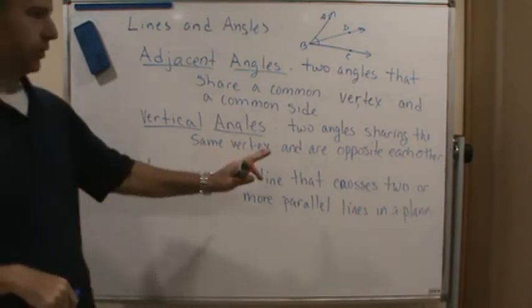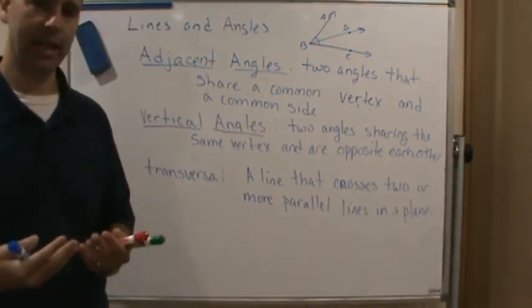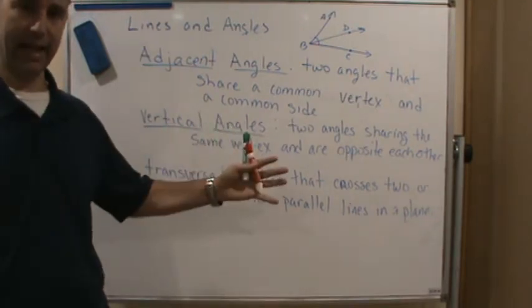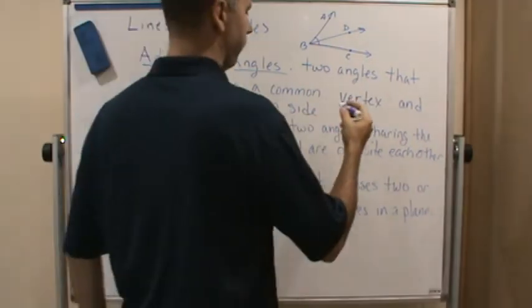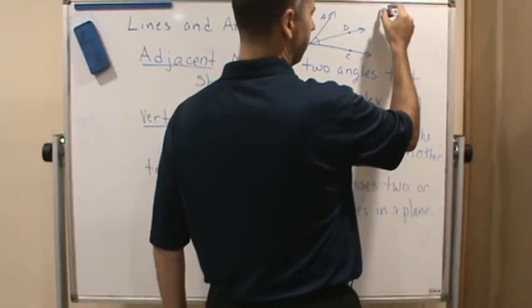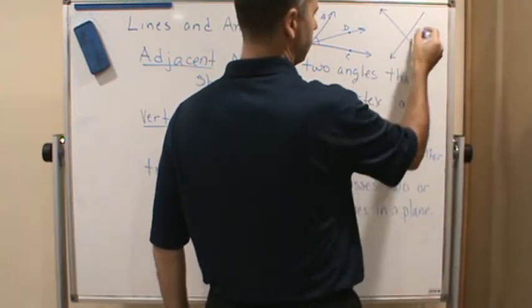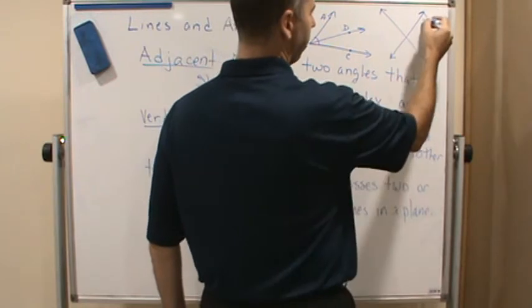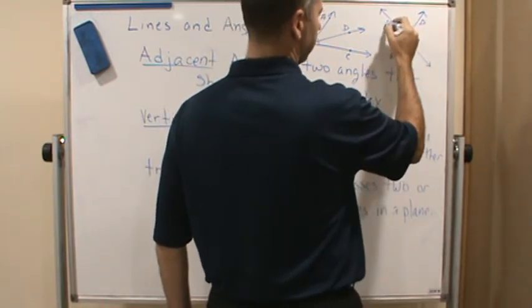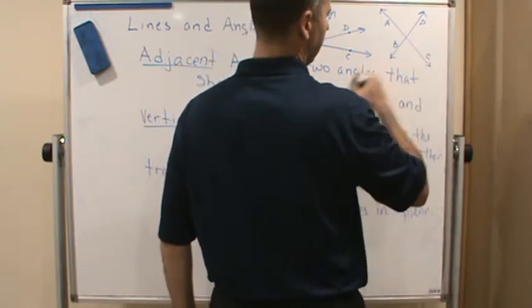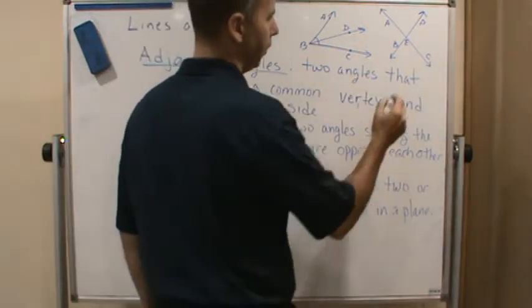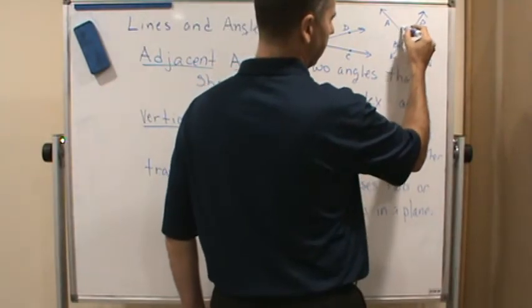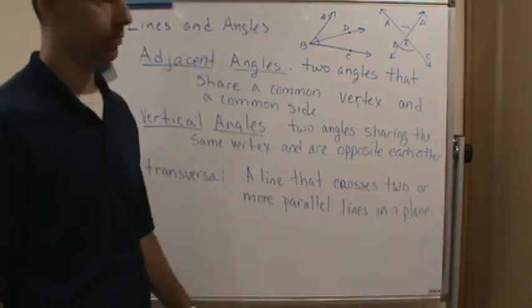Now, vertical angles are angles that share a vertex but are opposite each other. They're exactly 180 degrees apart, if you will. So an example of vertical angles is if I take two lines like this and I just intersect those two lines, then I know this angle and this angle are opposite angles.